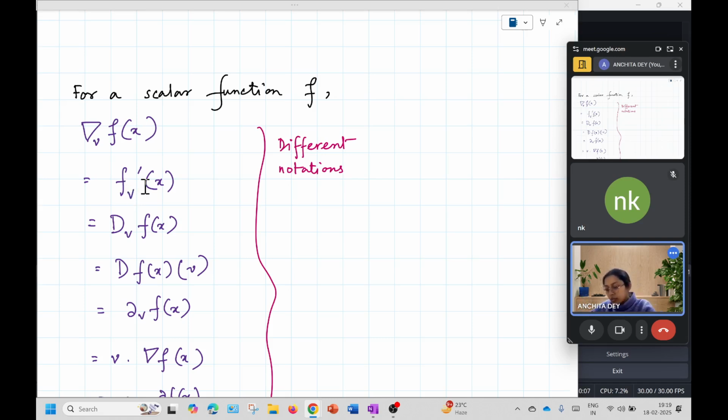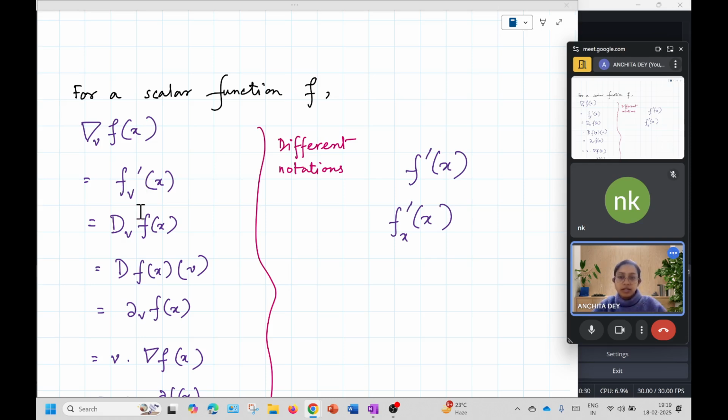I think most of you have seen this notation, f dash of x. When we write f dash of x, it means we are taking the derivative of f along x. Now if you are doing a directional derivative, that means you are focusing on a different vector or direction, so you put v in the subscript.